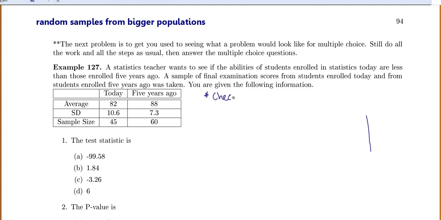So first, let's check, we need large sample sizes or normal data. On all the ones we've done today, they've all been large sample sizes. This one is 45 and 60. That does count as large samples, so we're good.